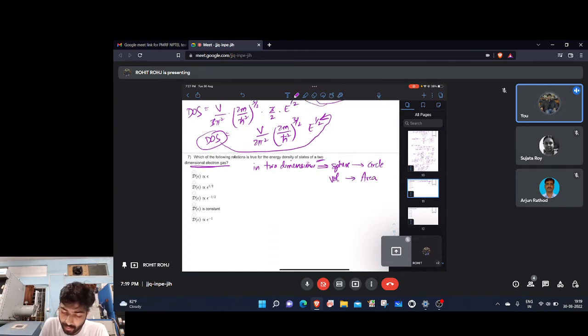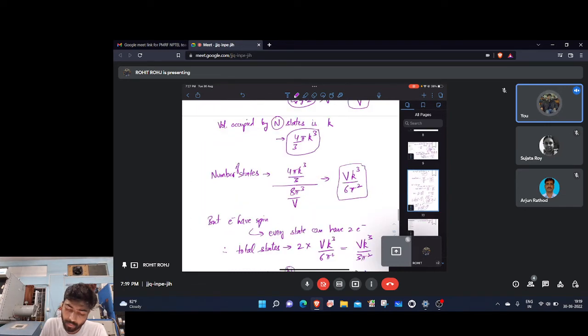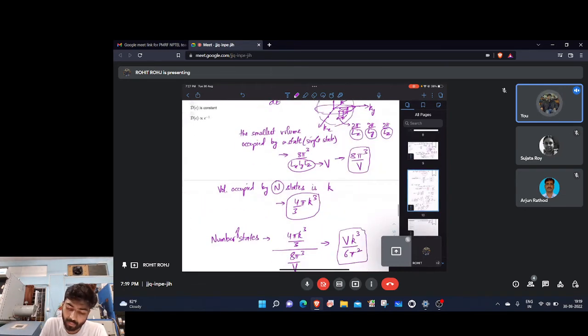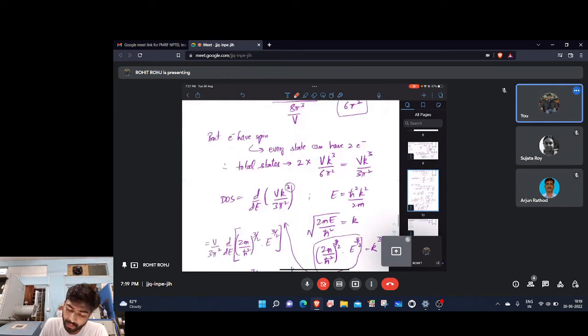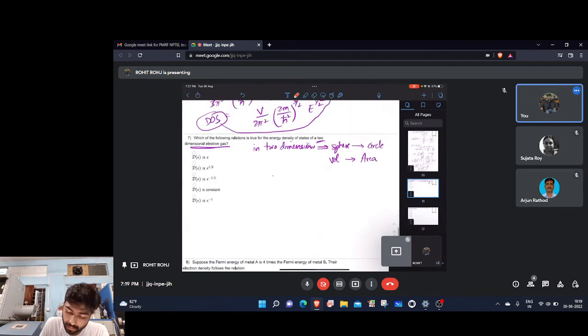As in the above problem, where we calculated the smallest volume occupied by a single state, we will now calculate the smallest area occupied by a single state.